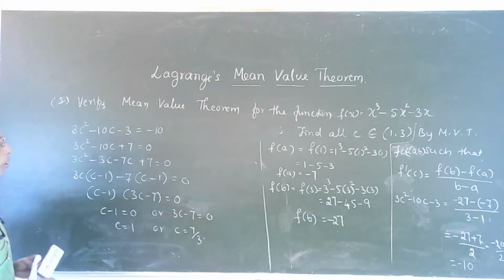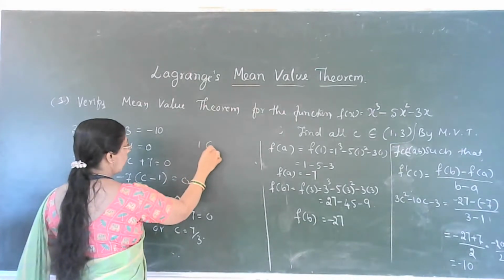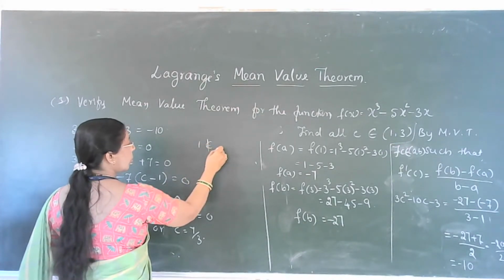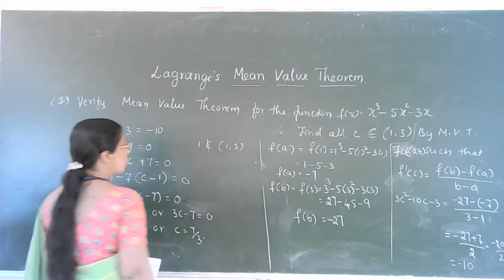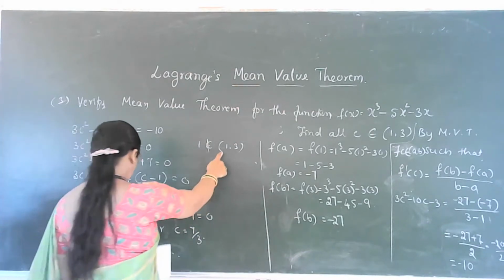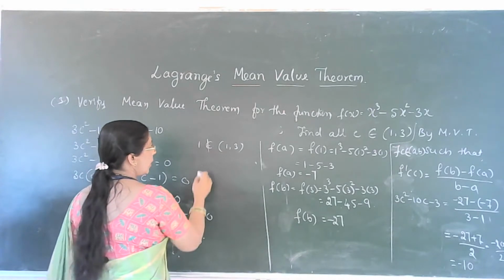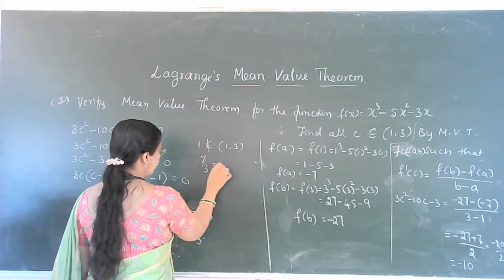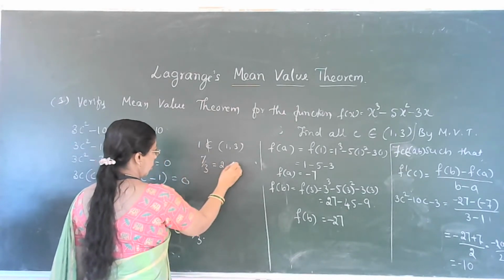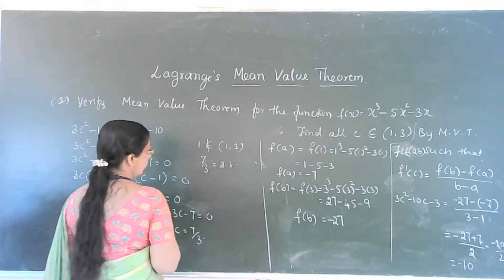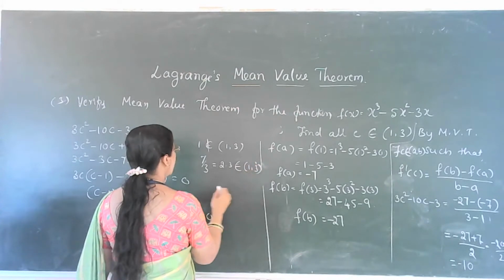Which one belongs to (1, 3)? We have to find. Here 1 does not belong to the interval because 1 is not included here. It's an open bracket. But 7 by 3, which is equal to 2.33, belongs to (1, 3).